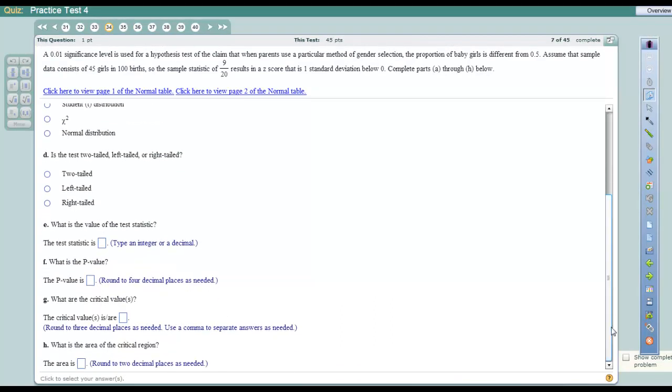What is the area of the critical region? Alpha is the area of the critical region, which for us in this problem is 0.01. We're rejecting 1% of possible values, the most extreme 1%. Questions about that?